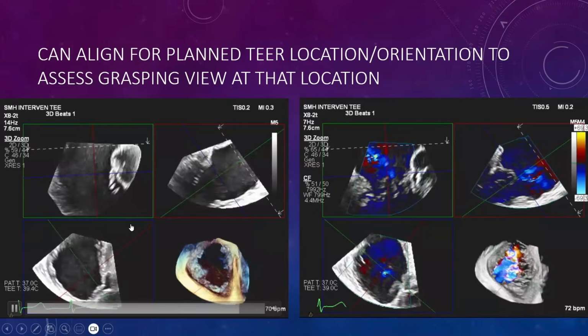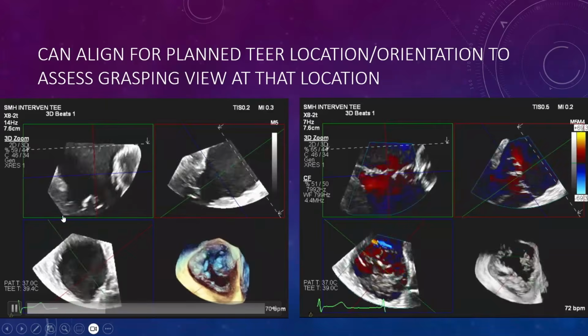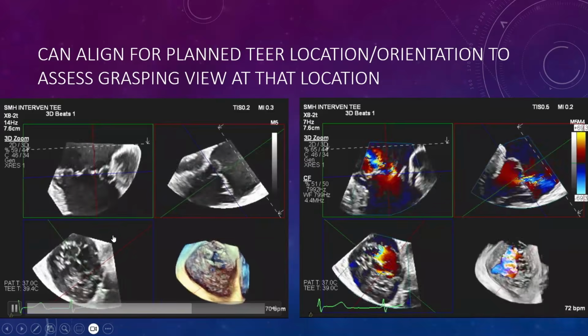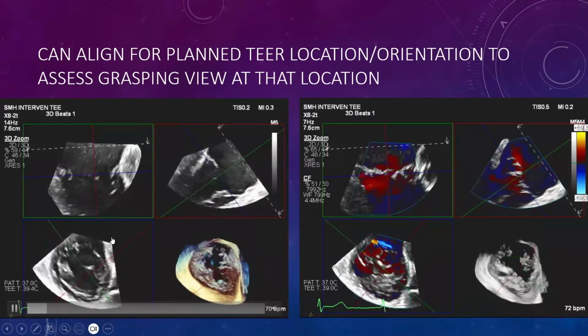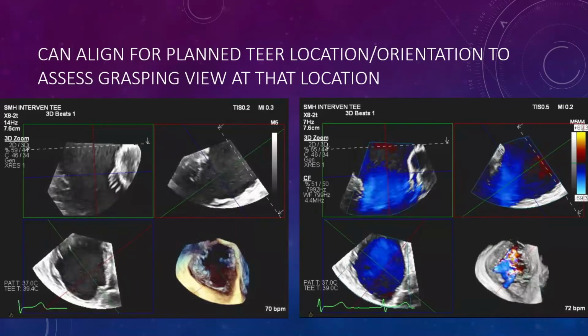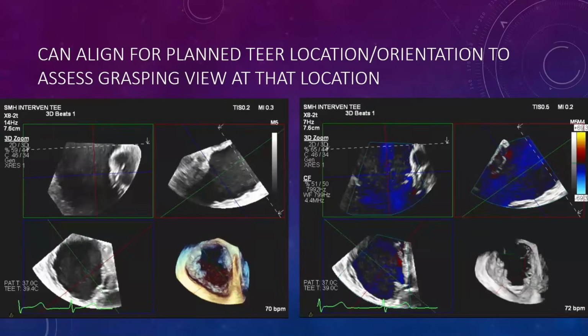But if we don't have a good transgastric view, we can recreate that here from the mid-esophageal windows. And then similarly, I'll show you later where if you don't have good esophageal windows, you can recreate similar windows using your transgastric views.